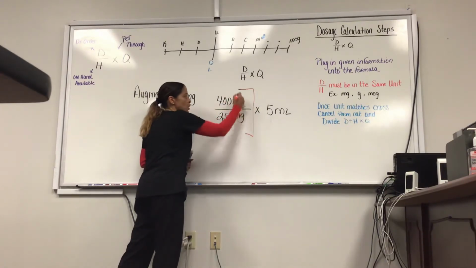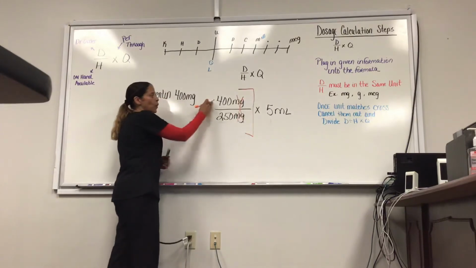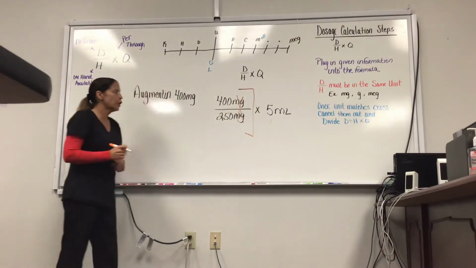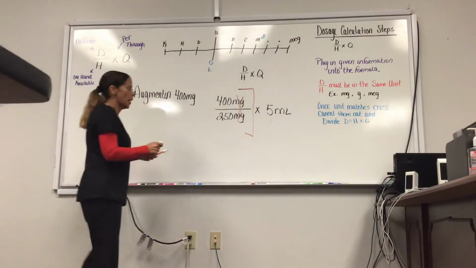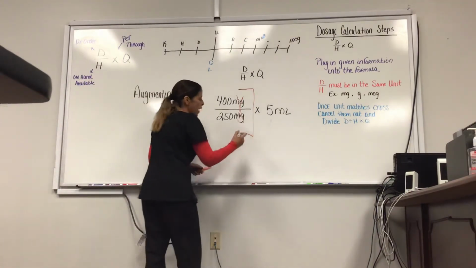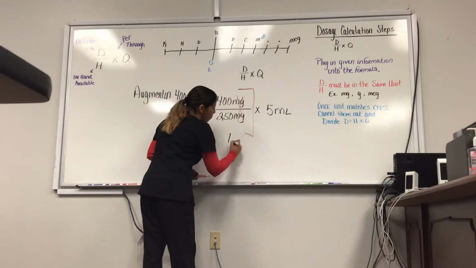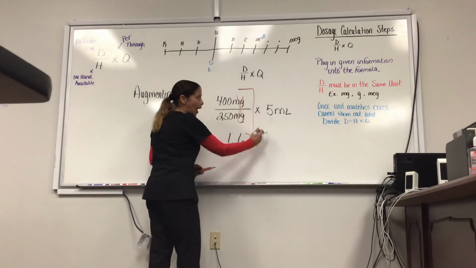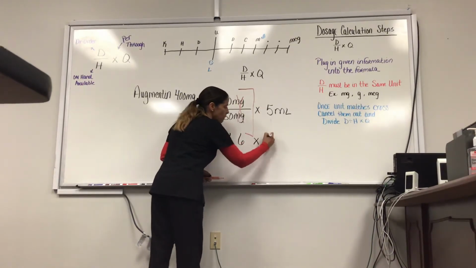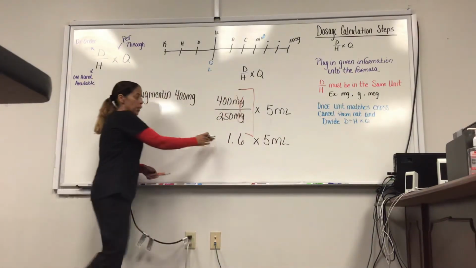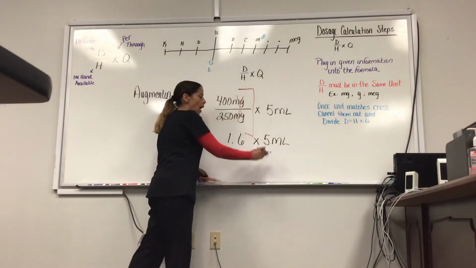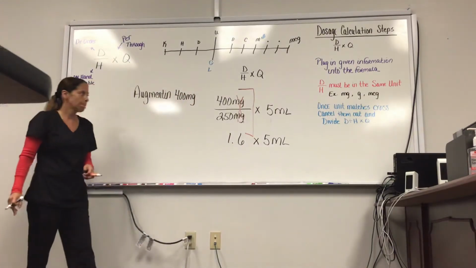But this way, we can just cross cancel, and then 400 divided by 250 equals what? 1.6. So we have 1.6 now times 5 mLs. So put in 1.6 times 5. 8.